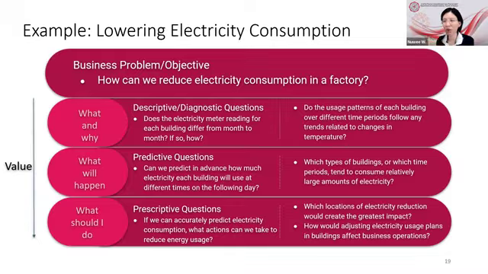In which month is it low, in which month is it high? For example, during April, which is quite hot, we may use a lot of air conditioning, so it's high, right? Do the usage patterns of each building at different times maybe follow some trends or some change in temperature?